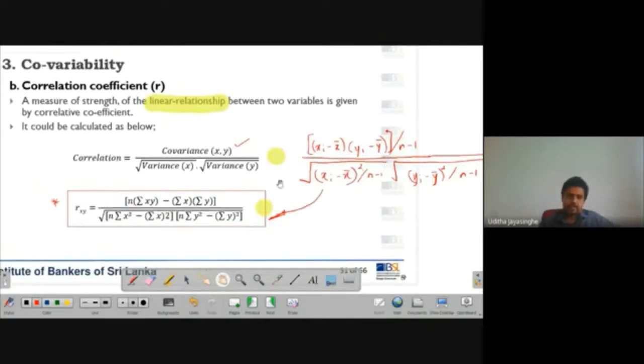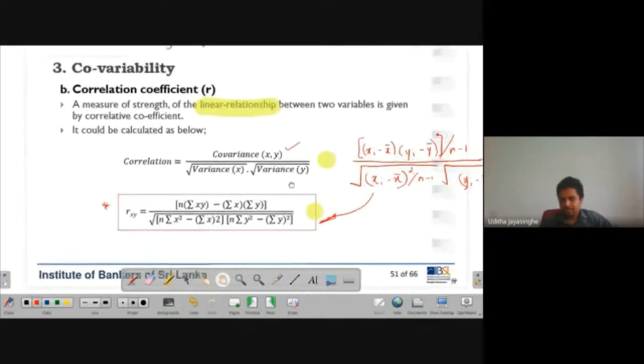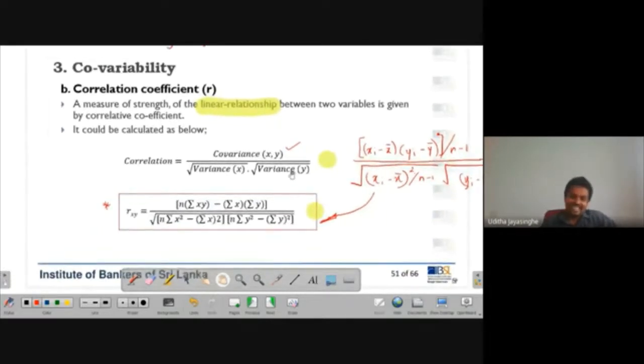I would recall that calculating the correlation coefficient with this top equation form is the easiest and the most logical thing to remember. But the bottom equation, I'm sorry, I really can't give you an explanation as to how to remember it. But if you look into the detail, your n into sigma xy minus sigma x into sigma y is the only uniform part, and these two parts you can see on the bottom have a form similar to variance of x and variance of y.